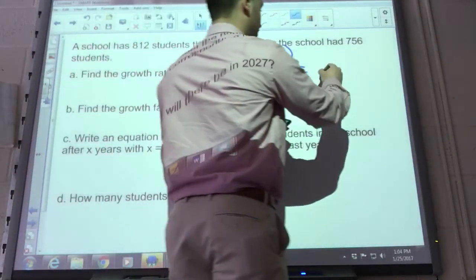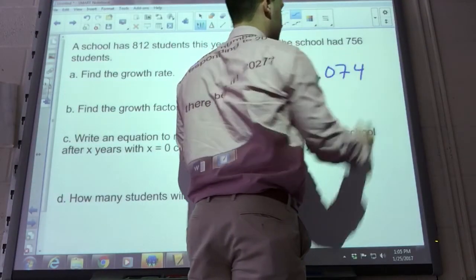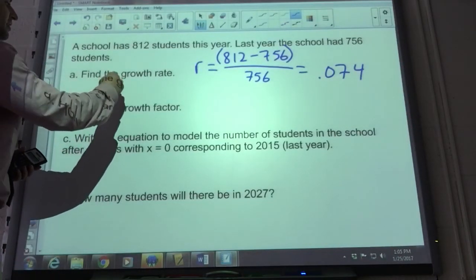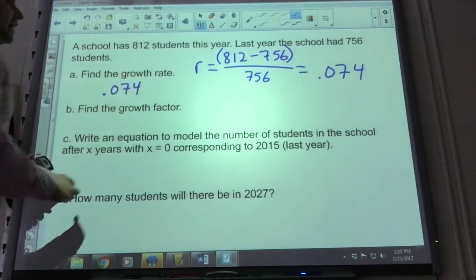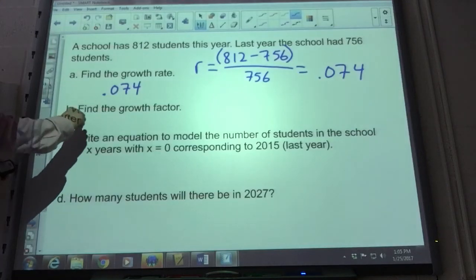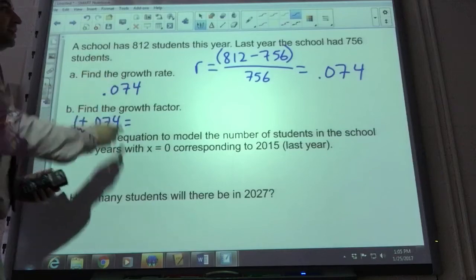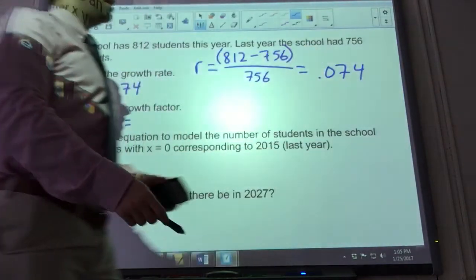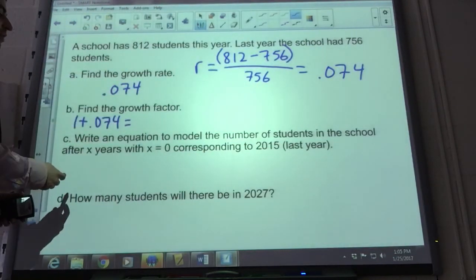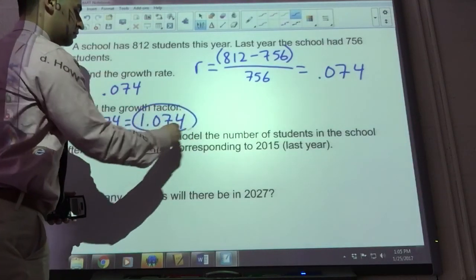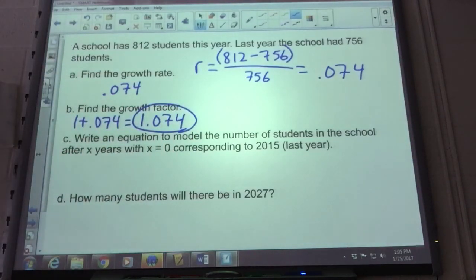And I get 0.074, which if we're talking about the rate, that is the rate. The factor would be 1 plus that number, because we had the whole population of 756 and 7.4% more. And then you would just use that as your B in the formula.